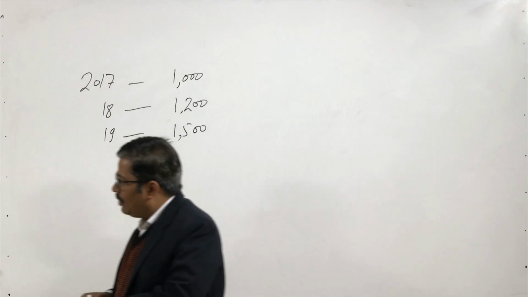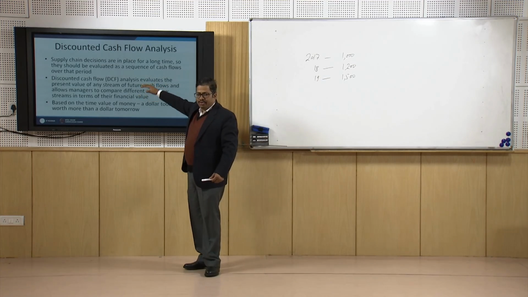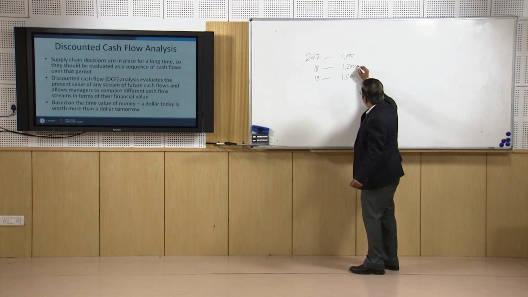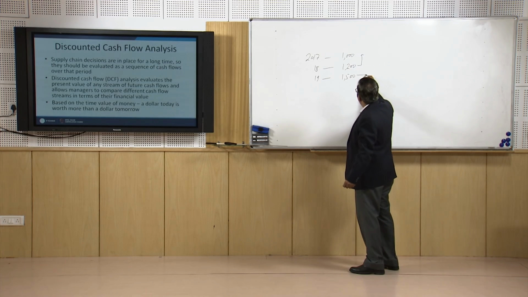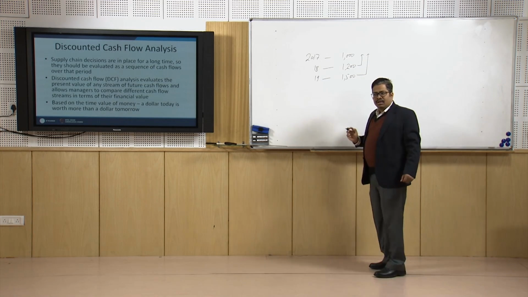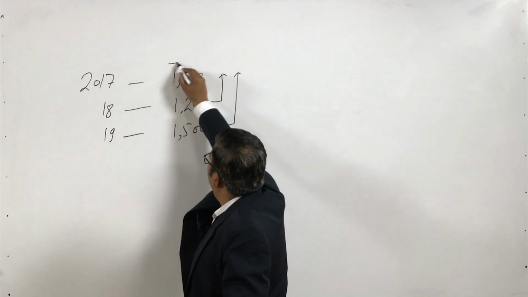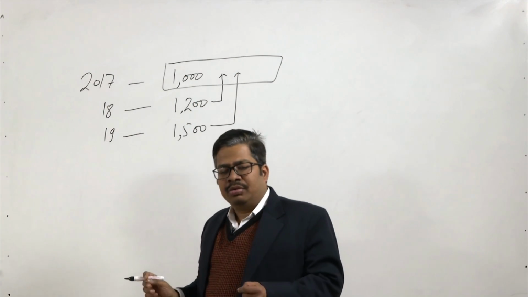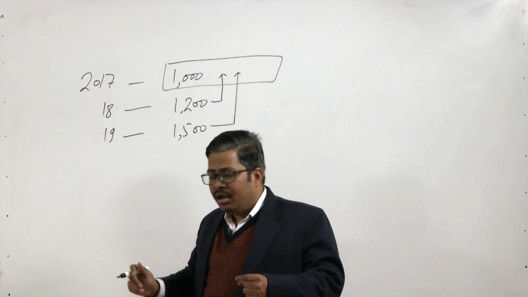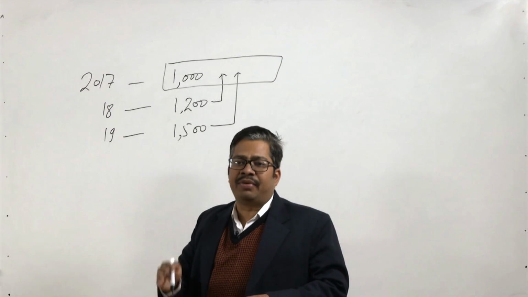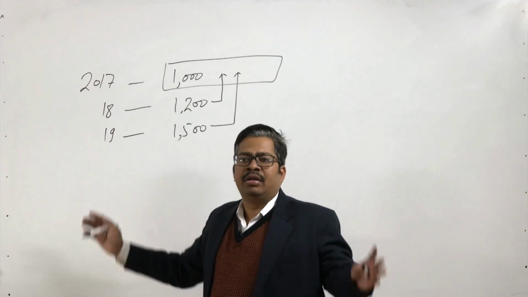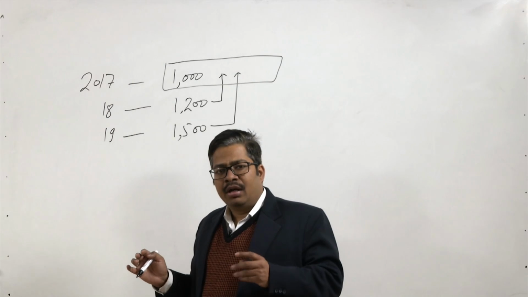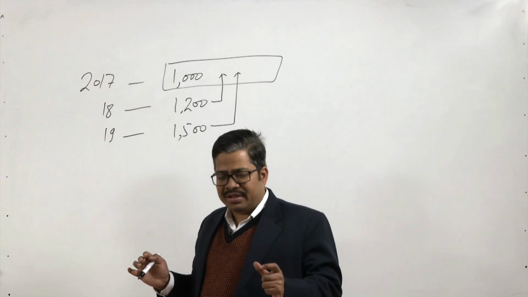In discounted cash flow, I will calculate the present value of these future cash flows and the total present value of all these future streams of cash flow, and on the basis of that I will take a decision about my network choices.